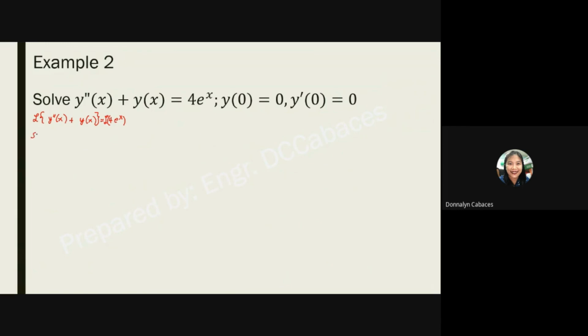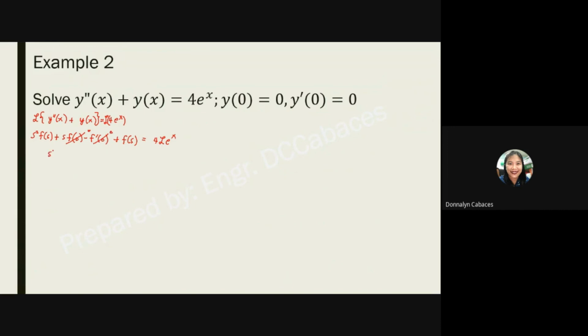You have s squared F of s plus s f of 0 minus f prime of 0, plus y of x, so that is your F of s, is equal to 4 the Laplace of e to the x.